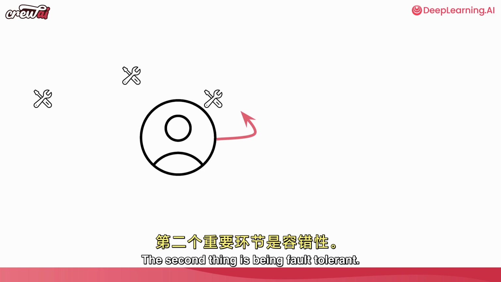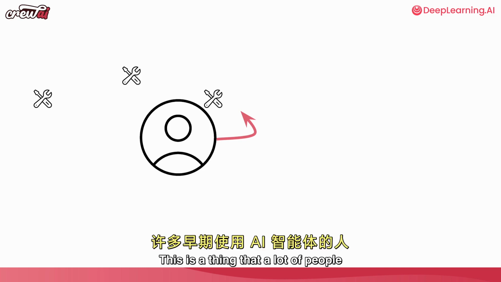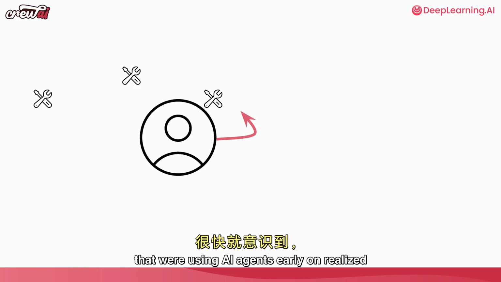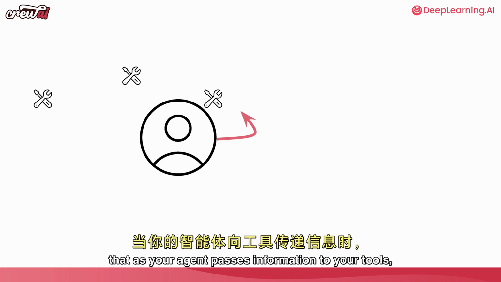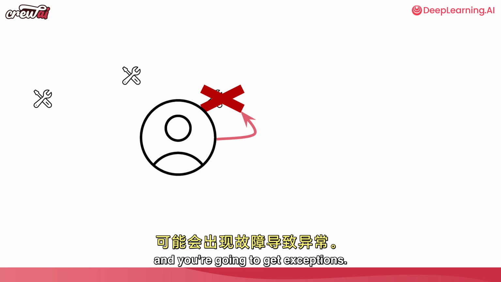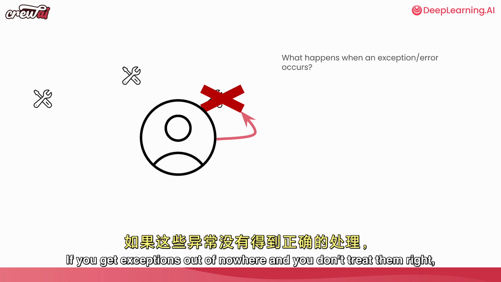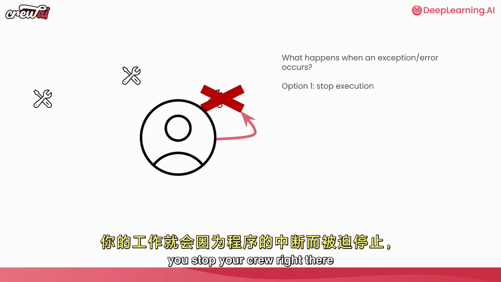The second thing is being fault tolerant. This is something that a lot of people who were using AI agents early on realized: as your agent passes information to your tools, things might break and you're going to get exceptions. If you get exceptions out of nowhere and you don't treat them right, you stop your crew right there because it stops the execution.